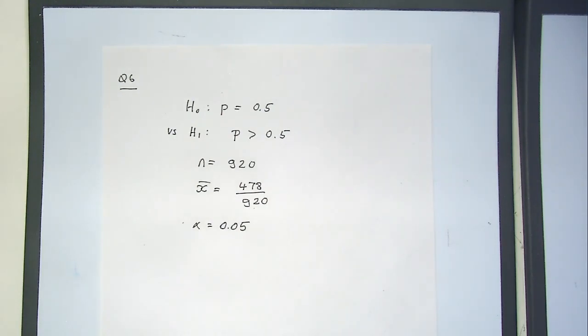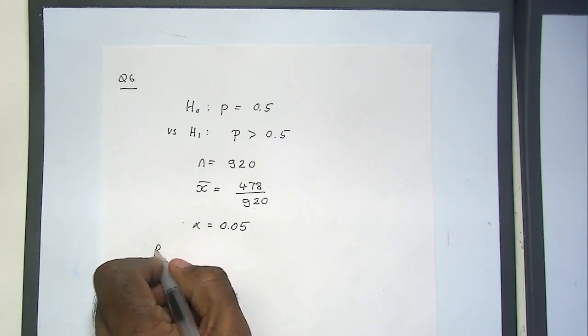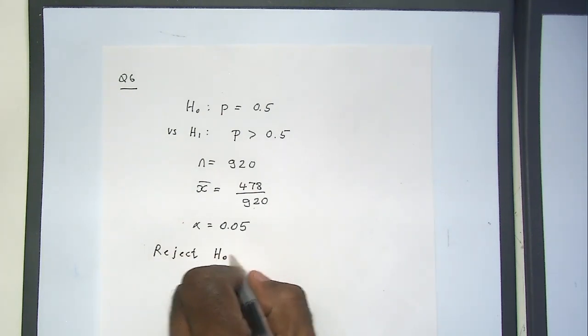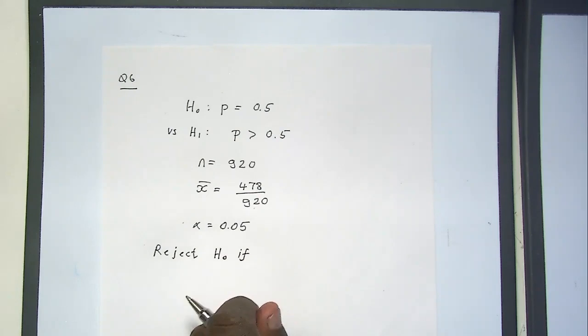So forget about the different parts. You will reject the null hypothesis if, so what's the rule here? Tell me, what's the rule, guys?